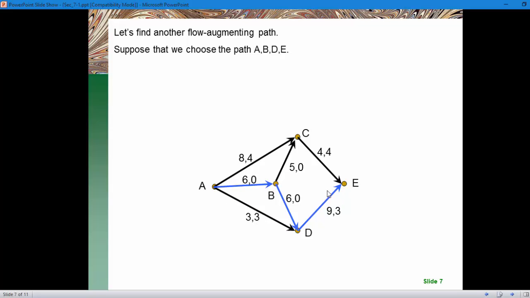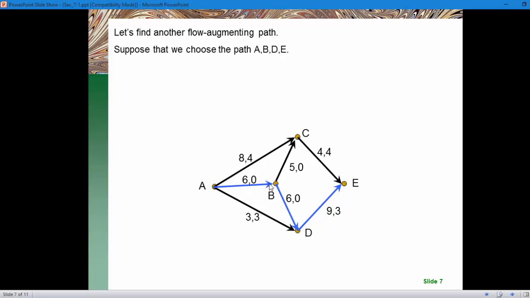Here is another path where we can also increase the flow. Currently there's 0 units going in here, there's 0 units going in there, and there are 3 units going here. And those 3, of course, come from this arc over here. But along this path, we should be able to increase the flow.